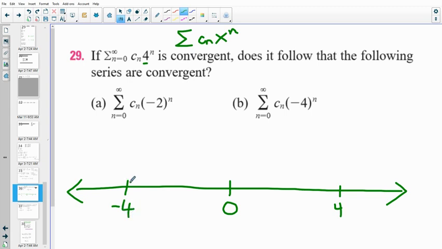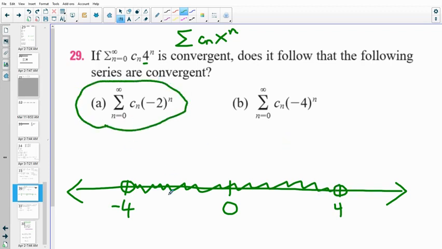So for any value between -4 and 4, this will be a convergent series, including -2. -2 is on that interval of convergence, so we can conclude that it will converge at -2. My answer is that yes, I can conclude that for part A.